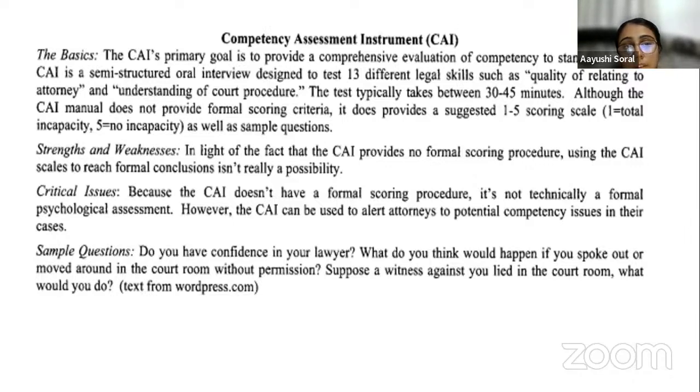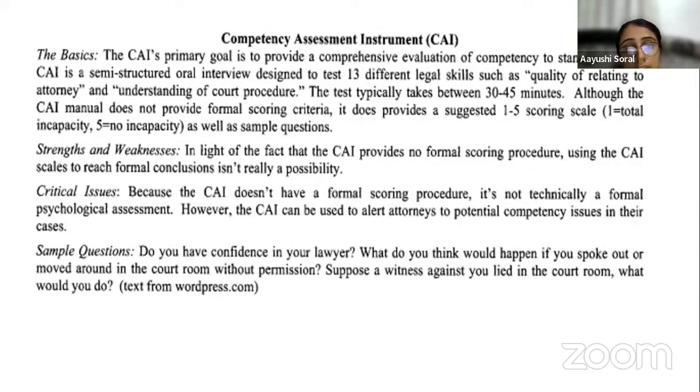Although the CAI manual does not provide formal scoring criteria, it does provide a suggested 1 to 5 scoring scale. 1 is for total incapacity, like the person is not competent enough to stand the trial, and no incapacity for the 5th score.